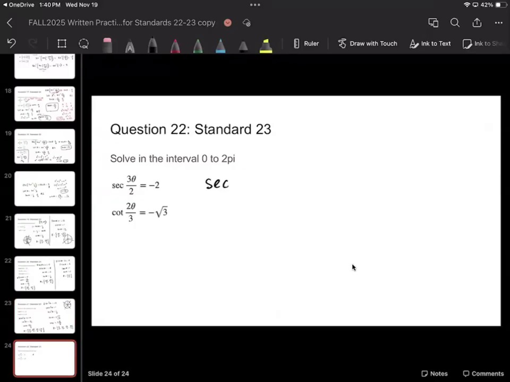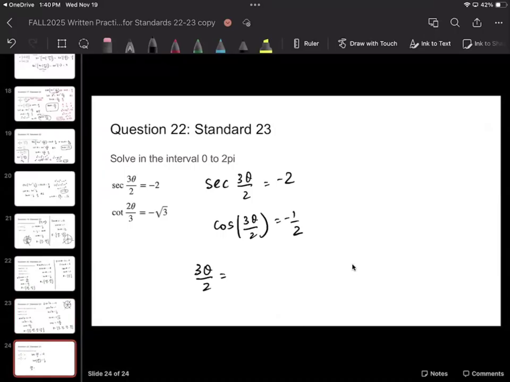Secant 3 theta over 2 is -2. Okay. That means cosine 3 theta over 2 is -1/2. Where is this -1/2? Cosine is negative in quadrants 2 and 3.